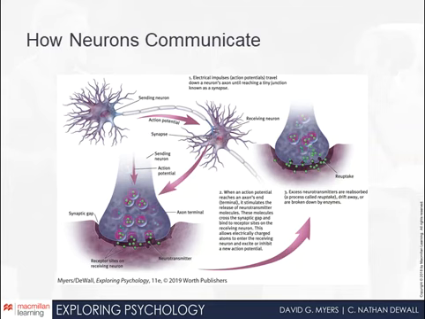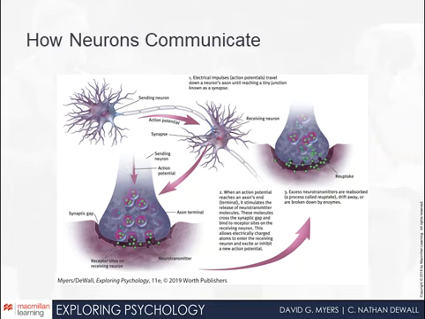The neurotransmitter then goes across the gap, the synaptic gap, and lands on receptor sites of the receiving neuron, for example, the dendrite. So axon, gap, then dendrite. The neurotransmitter, like a lock and key, lands on the receptor site of the receiving neuron, and the process begins again.